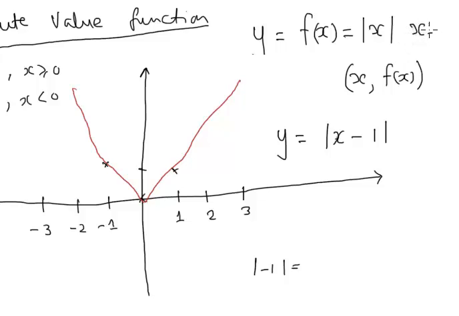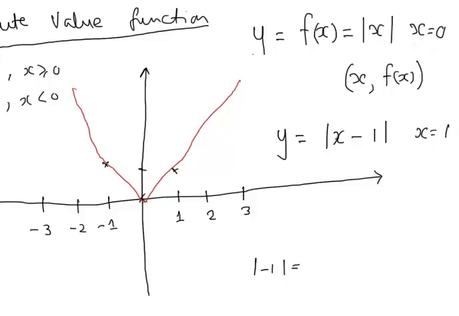X equals to 0. Good. X equals to 0. So that's the thing. Now, but when you come to this one, because there is this kind of shift on the variable, the line of symmetry is going to be shifted to 1. So the line of symmetry here is going to be x equals to 1.